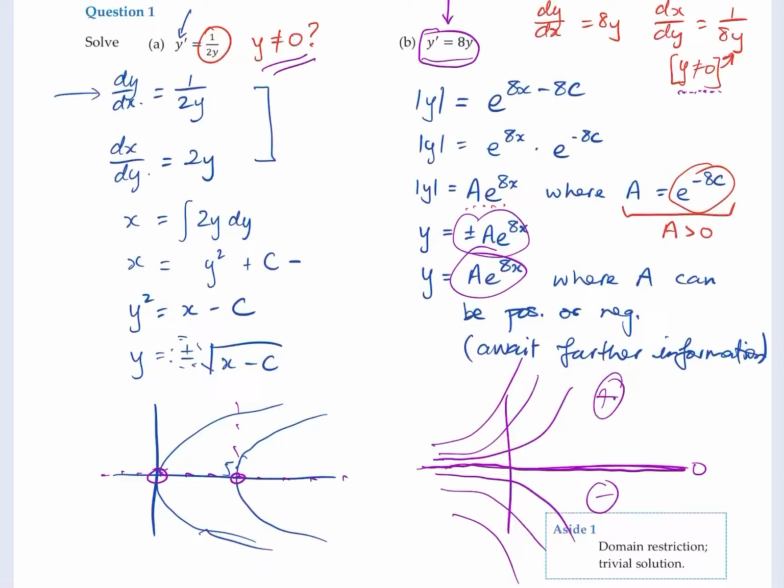It's vertical, and that means that y dash literally is undefined at these points. So wherever you draw the resulting graph where y equals 0, y dash is undefined. So it all fits together. That's a side one. We've talked about domain restriction. We've talked about trivial solution.